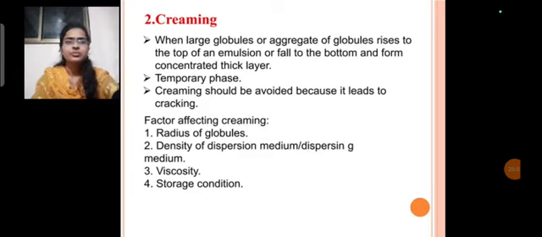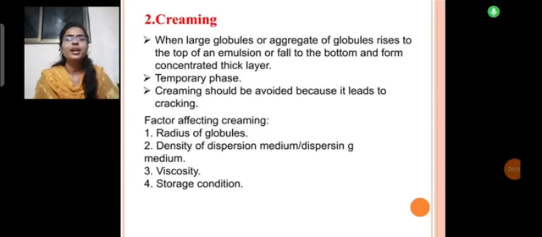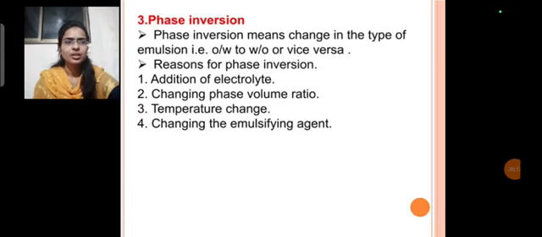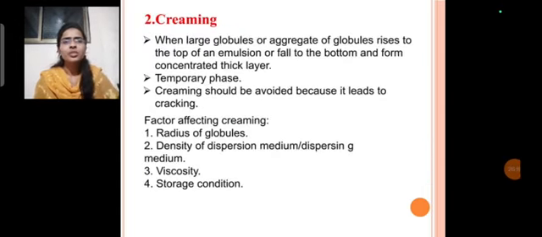We can shake it vigorously, then the emulsion is redispersed and the creaming is no longer found. Then the factors affecting creaming: first is the radius of the globule, second is the density of the dispersed phase and dispersion medium, then the viscosity, and next is the storage condition.